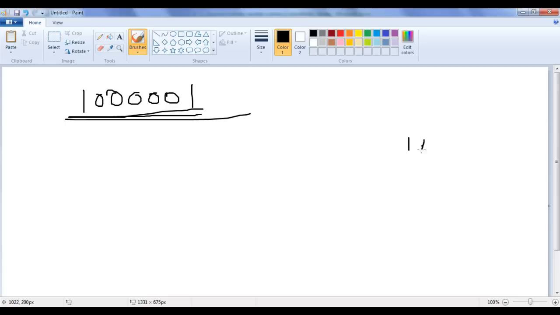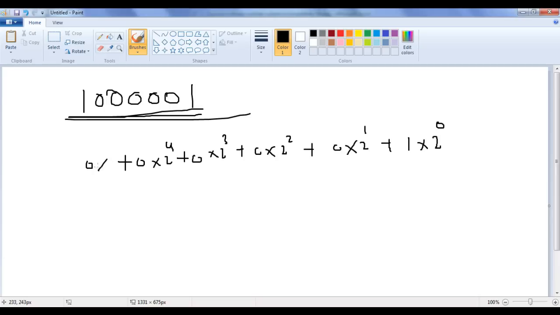We write 1 multiplied by 2 to the power 0 plus 0 multiplied by 2 to the power 1 plus 0 multiplied by 2 to the power 2 plus 0 multiplied by 2 to the power 3 plus 0 multiplied by 2 to the power 4 plus 0 multiplied by 2 to the power 5, 1, 2, 3, 4, 5, plus 1 multiplied by 2 to the power 6.